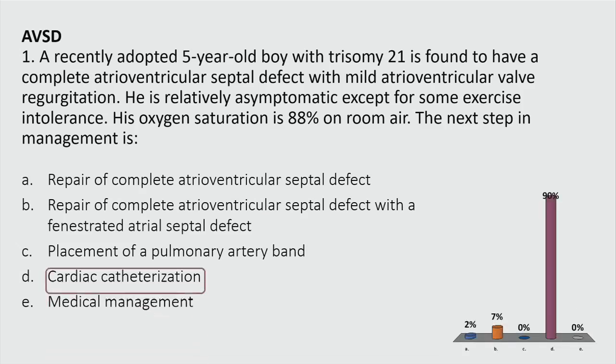Good. So I was surprised that there was a question from a surgeon where the answer was cardiac catheterization. I was really happy to see that. As you can see, there are a couple of issues sometimes with this question. So this is clearly somebody who is 5 years old now with low saturations.